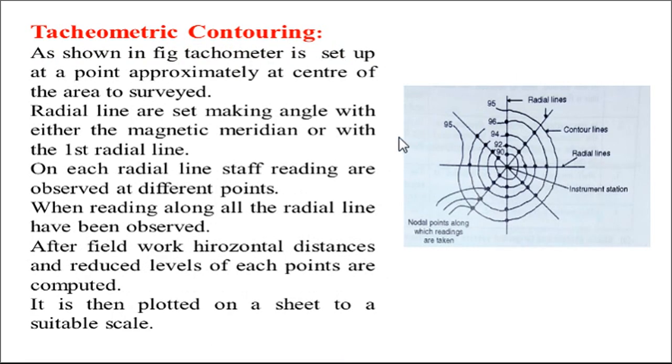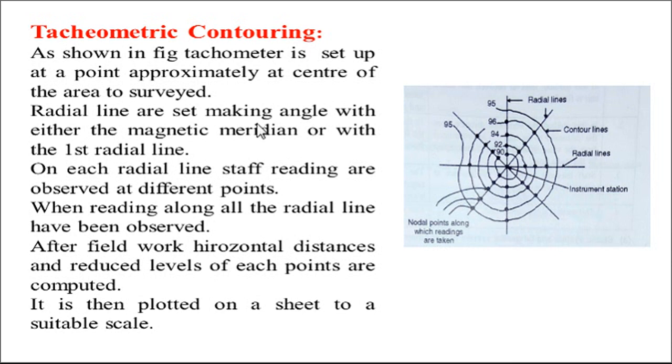So here this is the instrument station, and these are the radial lines we have taken at a particular horizontal angle. This angle may be 30 degrees, maybe 60 degrees, to the first line. We have to take 30, then 30, 30, 30, like this.